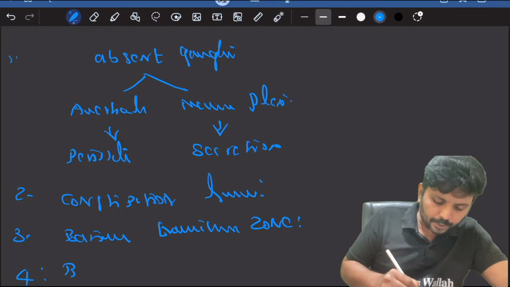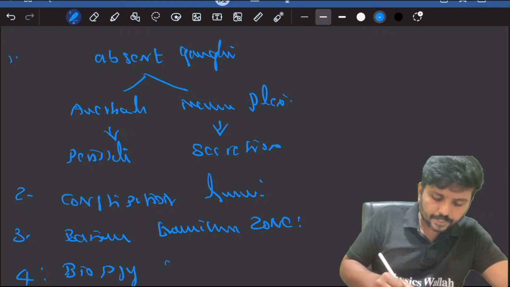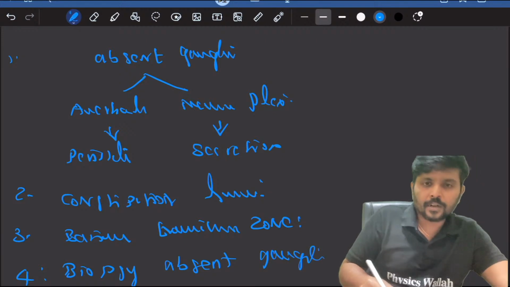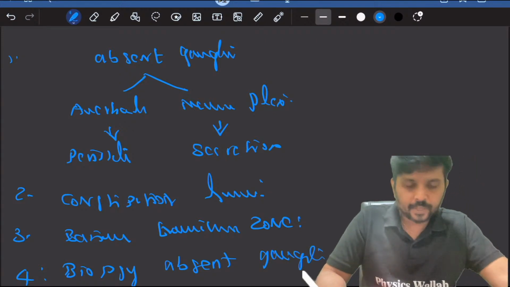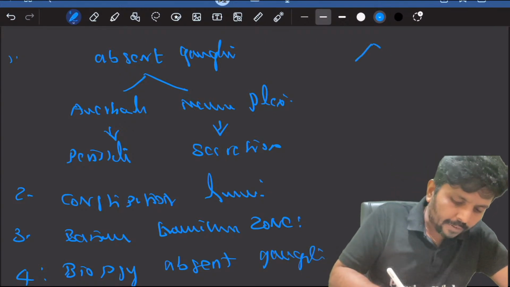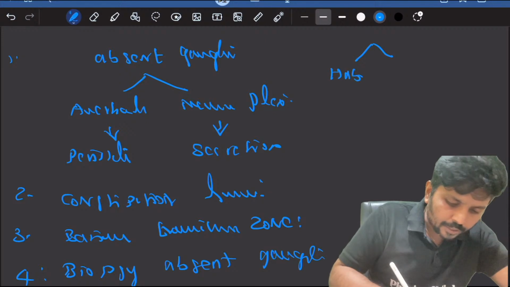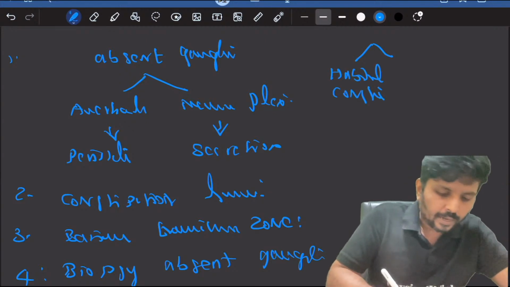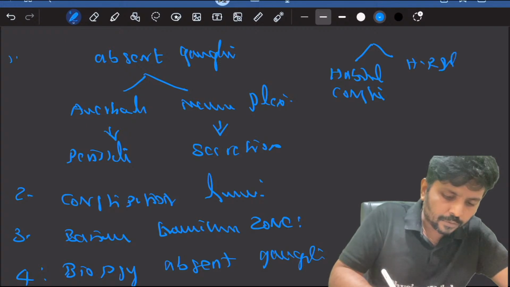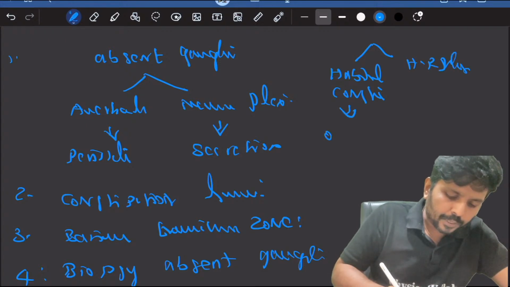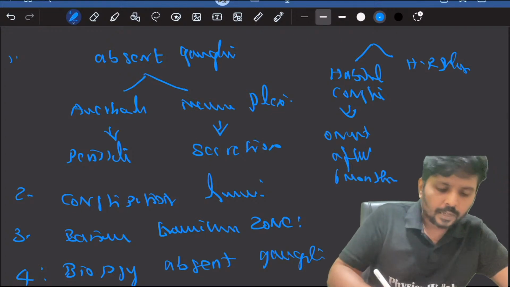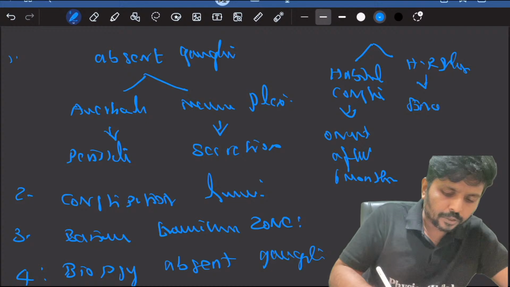So in biopsy, you will get absent ganglion cells as well as hypertrophied nerve fibers. Then what is the main difference between habitual constipation due to much biscuit eating and Hirschsprung's disease? Habitual constipation onset is usually after 6 months, whereas in Hirschsprung's disease, the constipation is since birth.